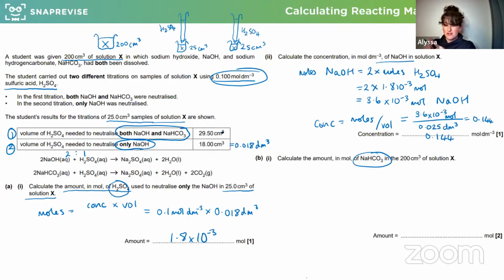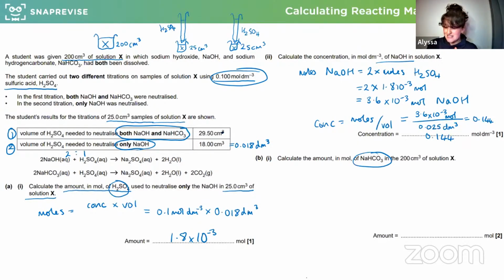You won't be the only one, Hamza. If it takes 18 centimeters cubed to neutralize the sodium hydroxide in our solution, then the rest of that, up to 29.5 centimeters cubed, must be to neutralize the sodium hydrogen carbonate. So although we've done it as 2 titrations, it's the same solution X that we're neutralizing in both cases, so the concentration of both will be the same.